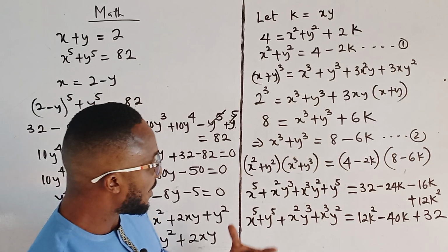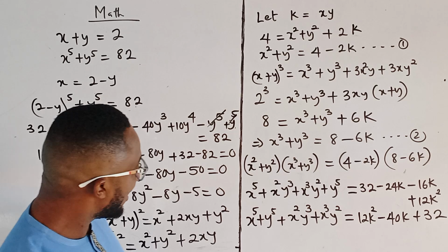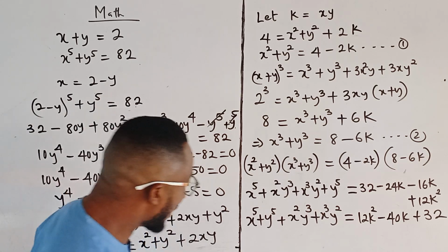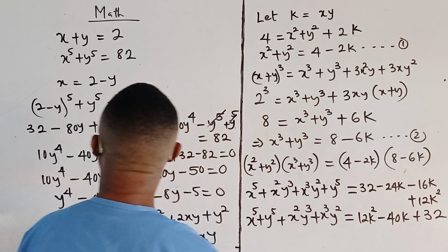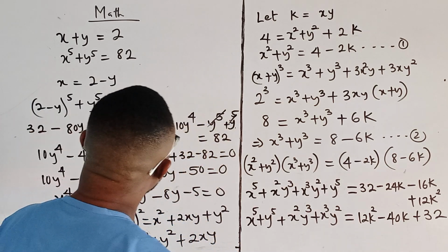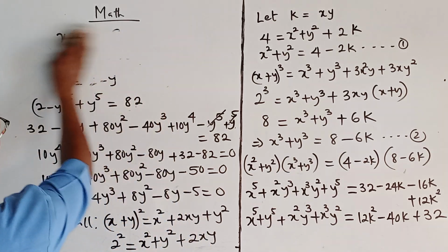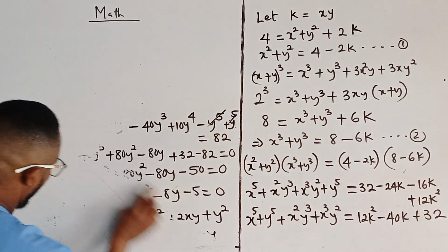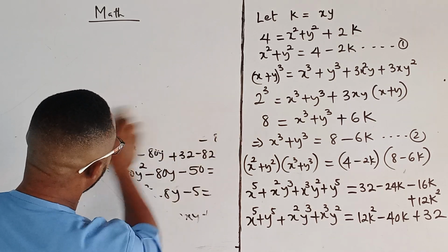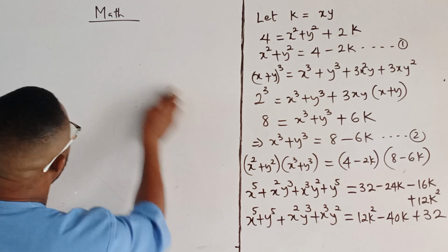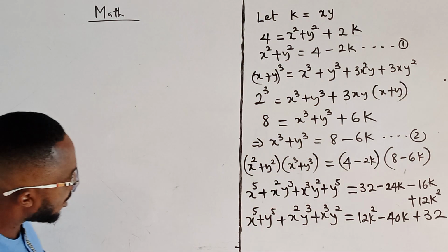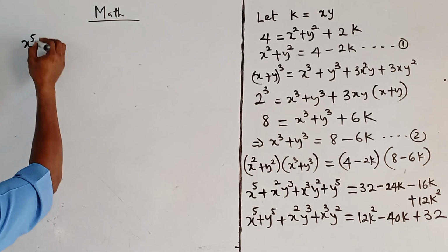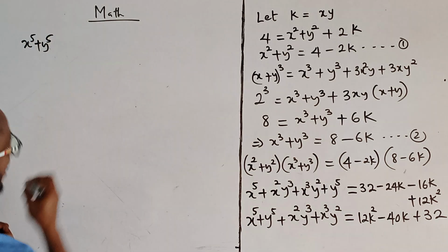So on the left, I can still make something out by factorizing. It's a very interesting problem. A little bit funky, but we are going to simplify it regardless. We have x to the fifth plus y to the fifth.